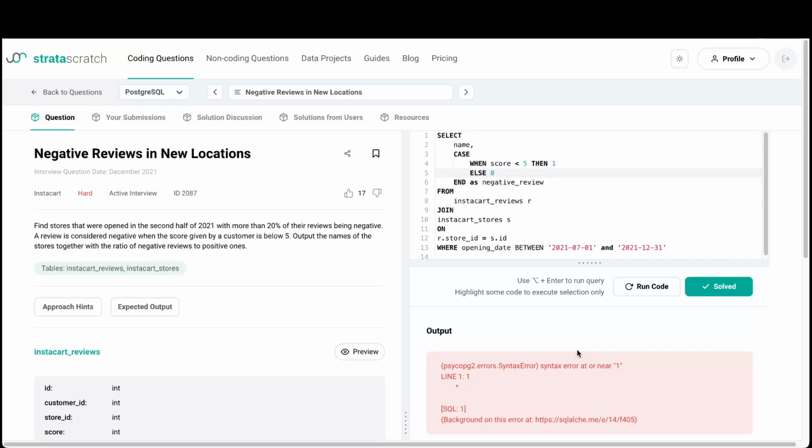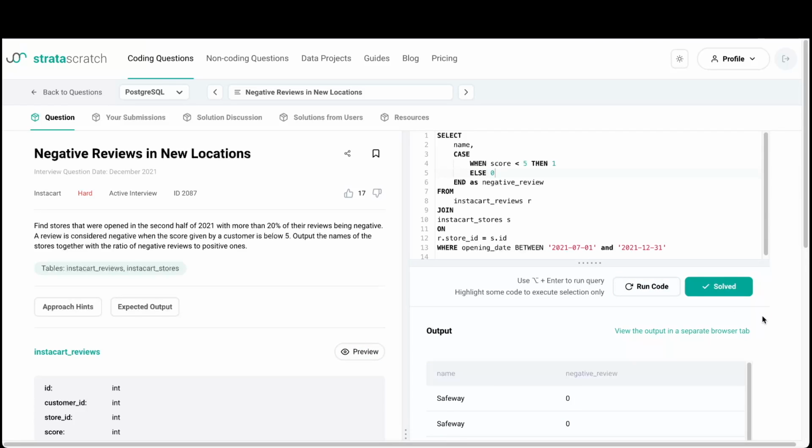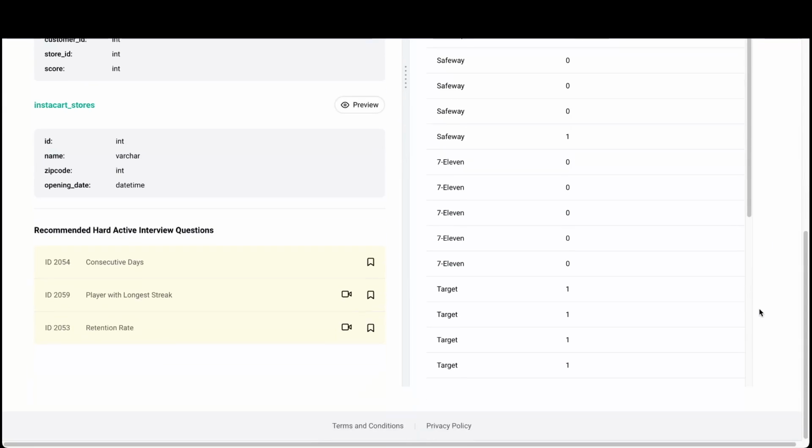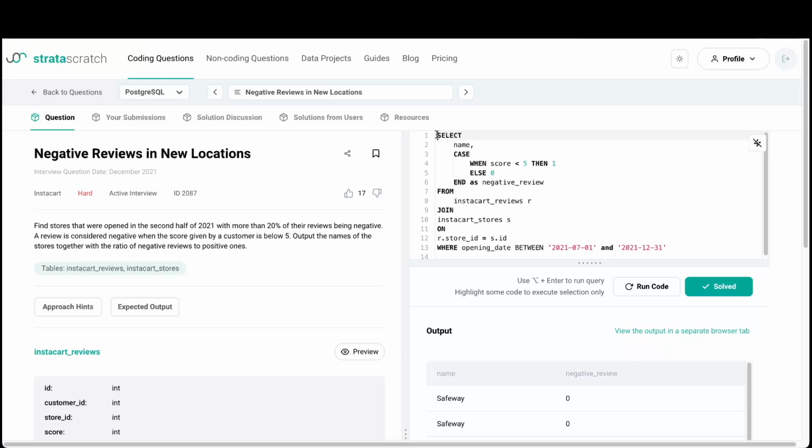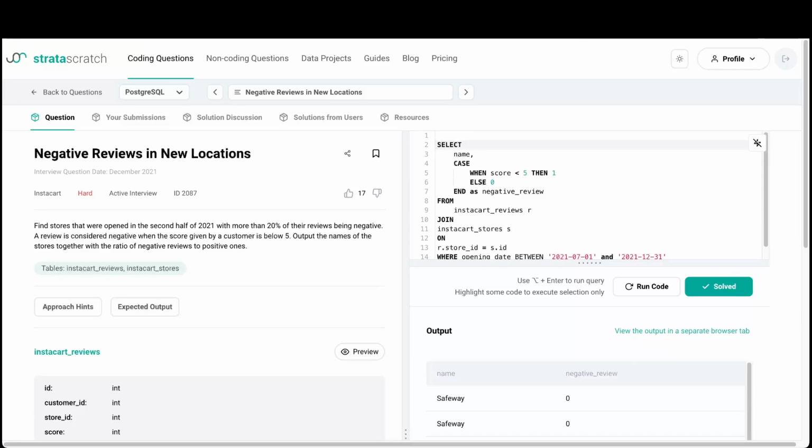What's wrong here? I don't know why. Anyway, so anytime you see 1, that means it's negative. Anytime you see a 0, that means it's positive. All right, we have the data that we need in order to get the ratios now.